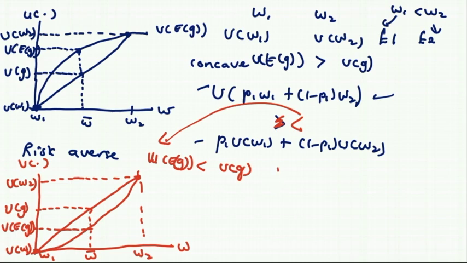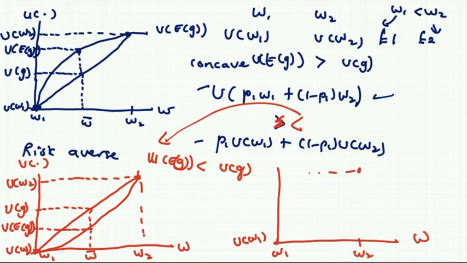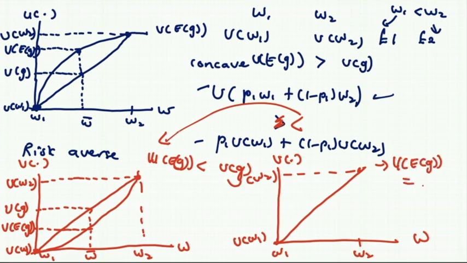Now, if we have W1 here, UW1 here, W2 here, and UW2 here, and join the two points to get a straight line, then UEG is the same as UG.